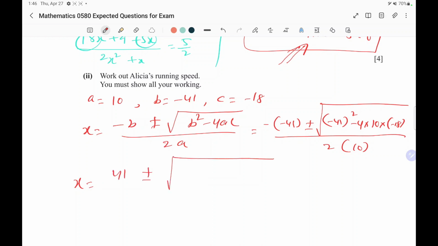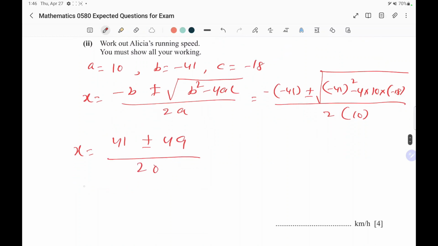Now plus minus root, here we can use a calculator. So root of minus 41 squared minus 4 times 10 times minus 18. Here we can get this value, that is 49. That's great. So I got 49 over 20.